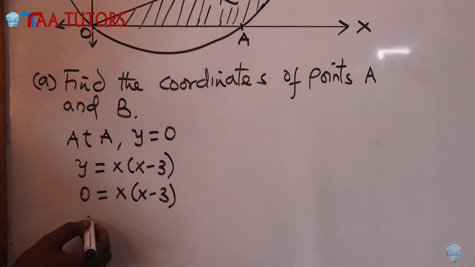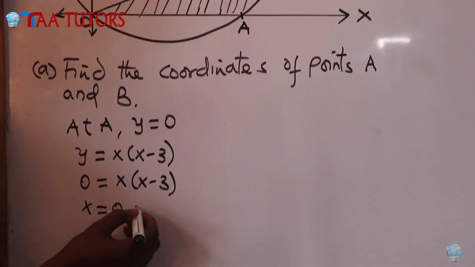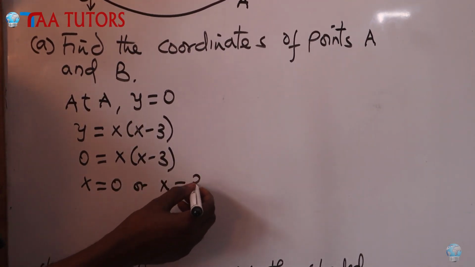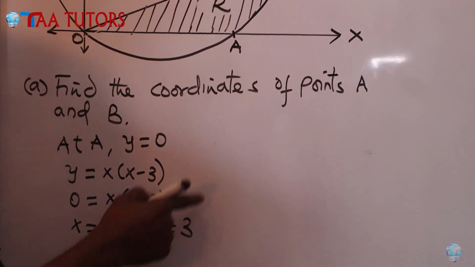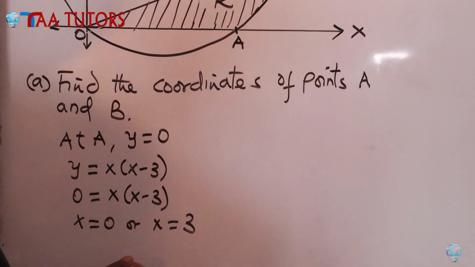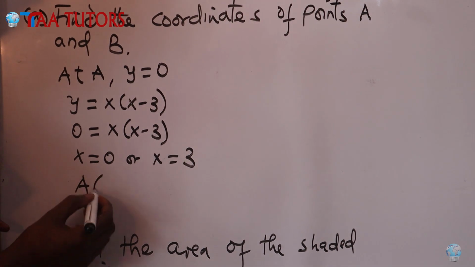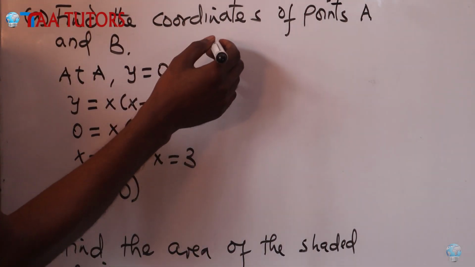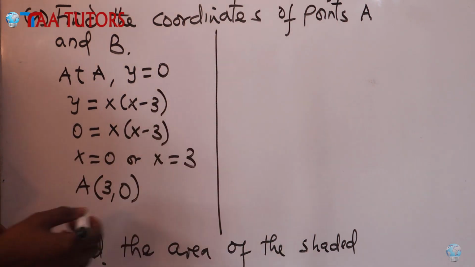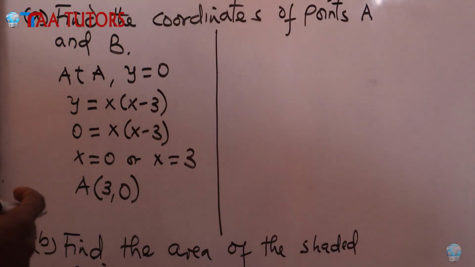This will be x equals 0 or x equals 3. So 0 is here, but 3 is here. So at A, the coordinate is (3, 0). That is coordinate A. What about coordinate B?